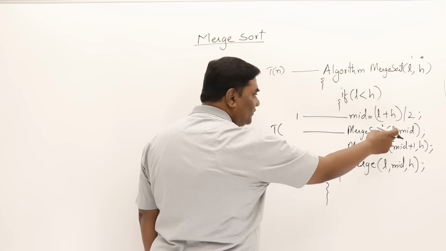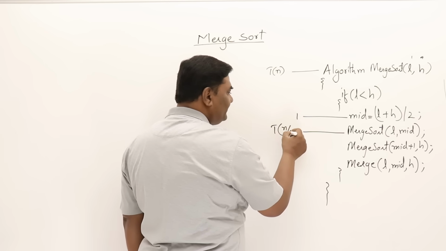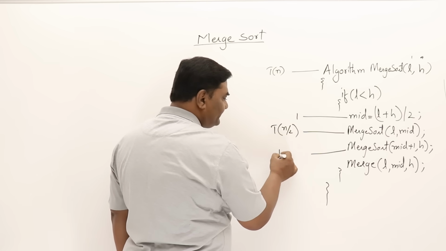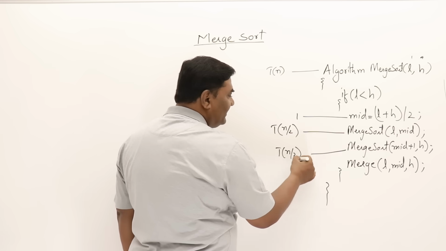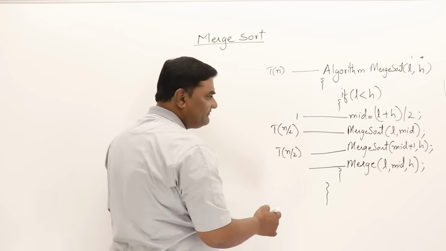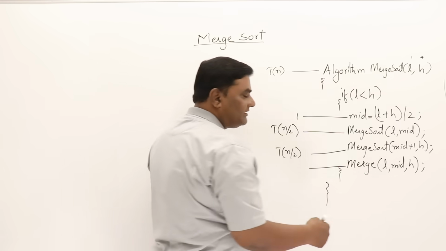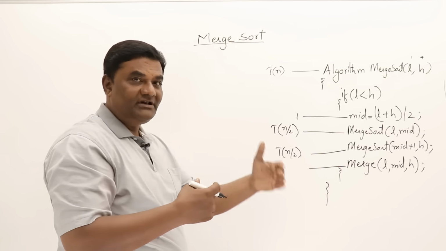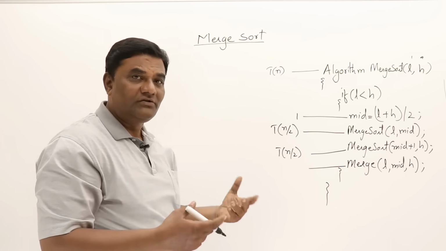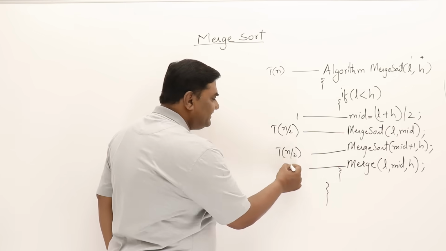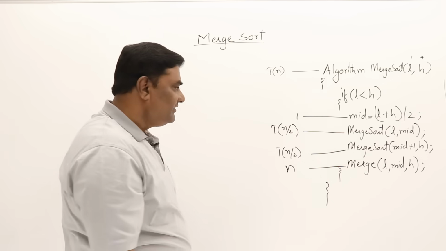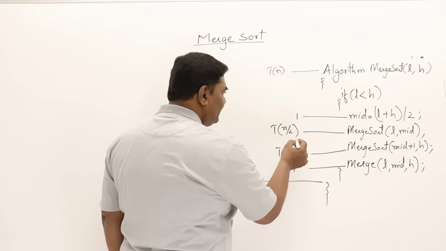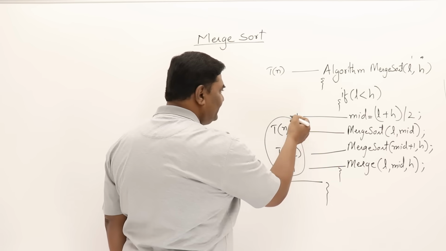Half of the list, low to mid, so n by 2, and again calling itself, so this is also n by 2. Then it is merging from where? Low to high. 2 lists are there, low to mid, mid plus 1 to high, total n elements. So merging takes n.